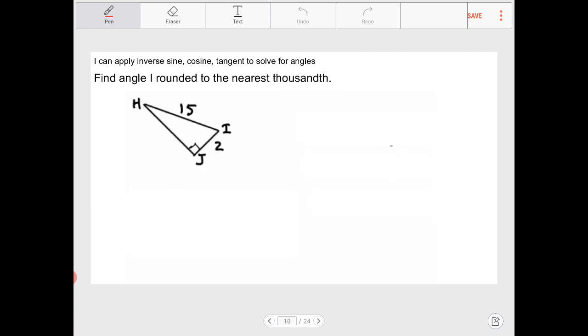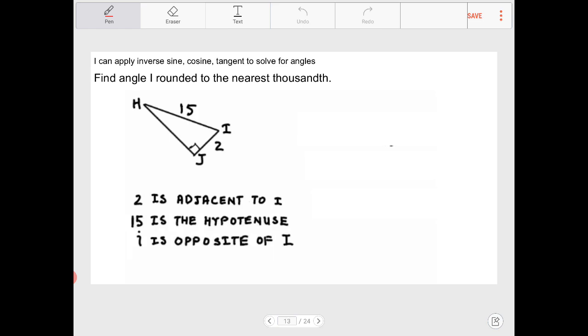Pause the video to see if you can figure out the missing angle I to the nearest thousandths. Hopefully you had some time to think about this. Again, recognize what is side length 2: 2 is adjacent to I, 15 is the hypotenuse, and the side length is opposite of angle I. Because I have the adjacent side and the hypotenuse, I'm going to be using cosine.